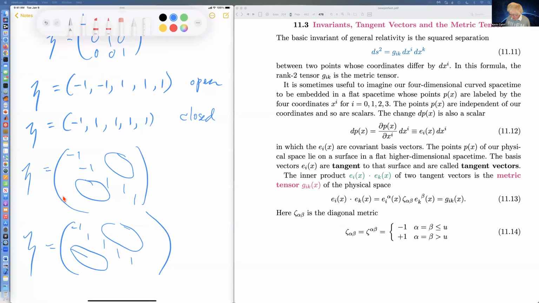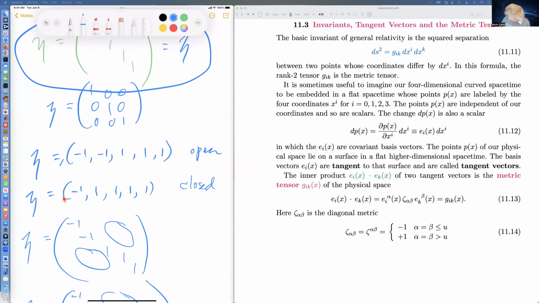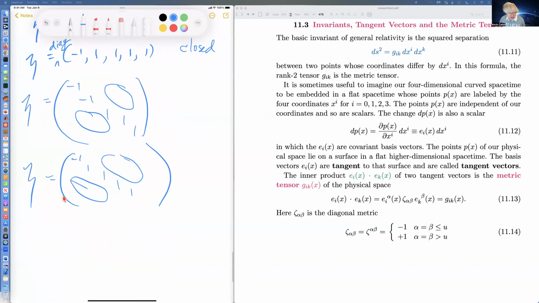So what I forgot to include here is this word diag. So zeta equal diag of this means it's a diagonal matrix in which -1, -1, 1, 1, 1 are the entries on the main diagonal, and this one also is diag. So I should have said diag when I described that.